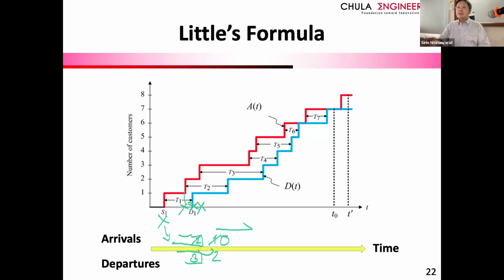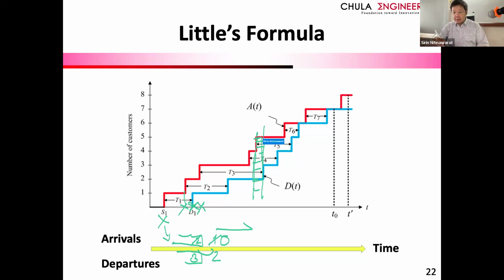And you can see that this type of behavior will continue for subsequent customers. At some time, maybe during this period, you see what is N(t) during this period. During this period it is 2, during this period it is 1. What about during this period?